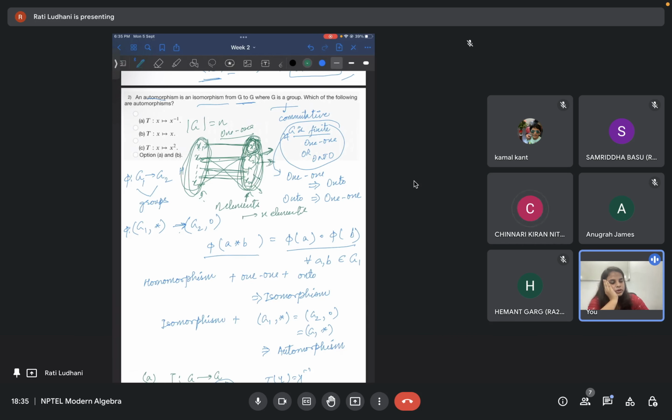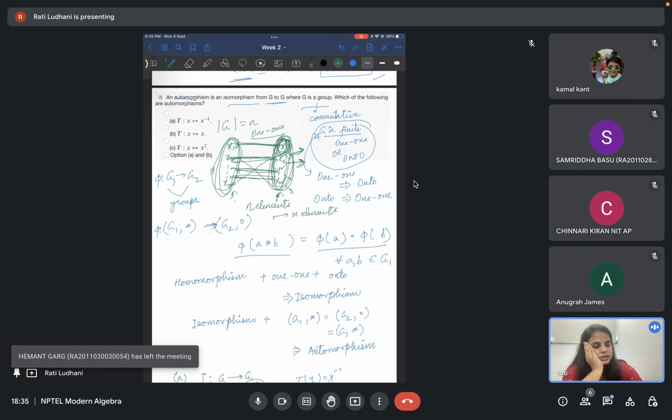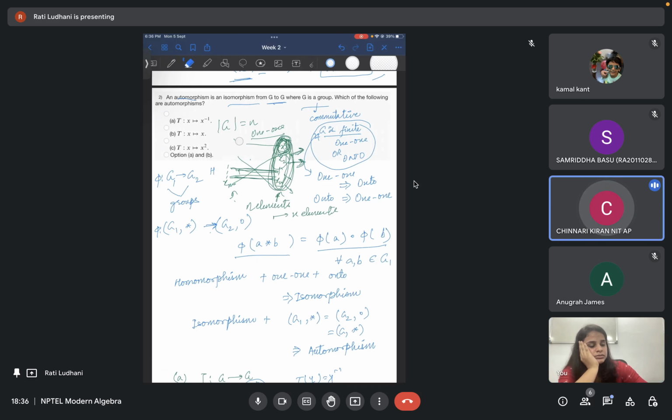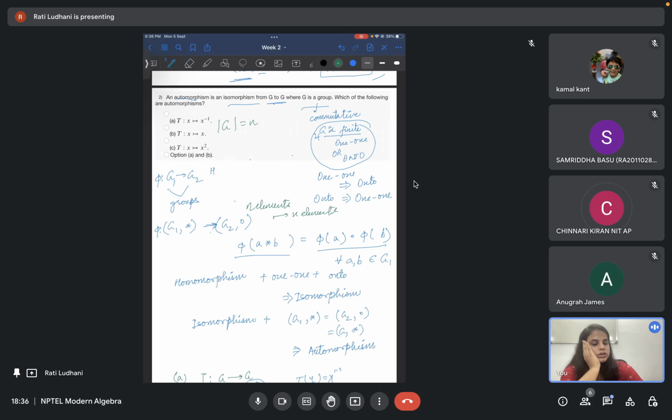You have n elements, they have pre-images, so it has to be one-one. It cannot be many-one, because the elements are n only. So what is given is that you have x1, x2 and xn, right?